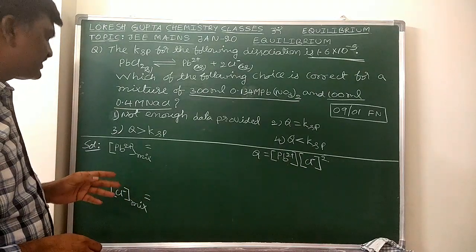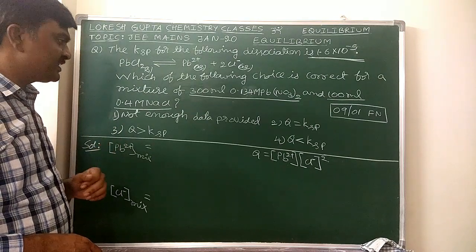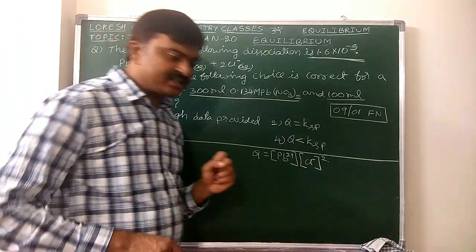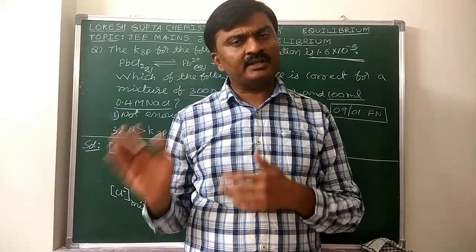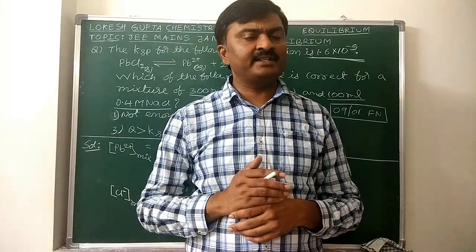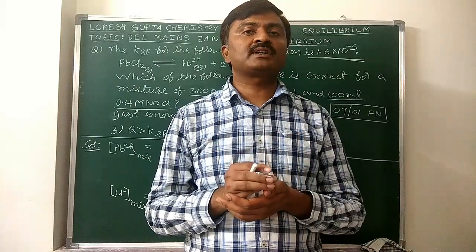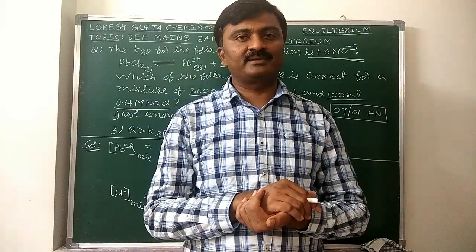What are those options? Q equal to KSP, Q greater than KSP, Q less than KSP. Here the logic is, for Q and KSP, the expression is the same, but in the KSP expression we substitute the concentrations of ions in the saturated solution only.